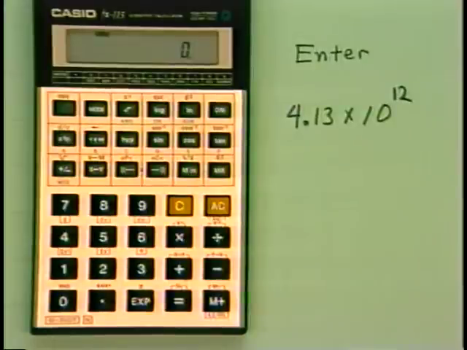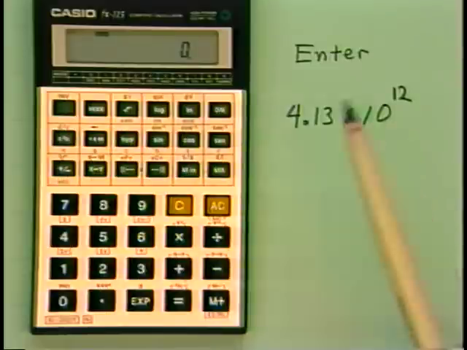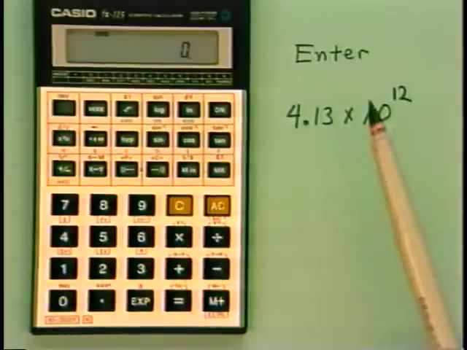Now let's look at the reverse of that. Here is a number in scientific notation, and if I were to write this in standard notation, it's much too long to even enter into the calculator. So does that mean the calculator can't even work with it? No. Again, a scientific calculator will allow you to enter a number in scientific notation form.